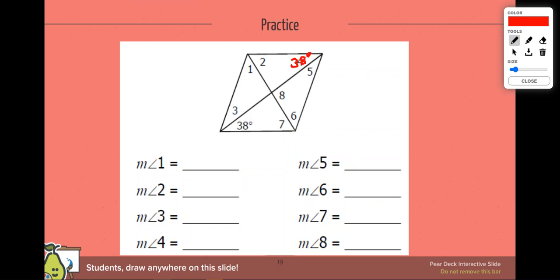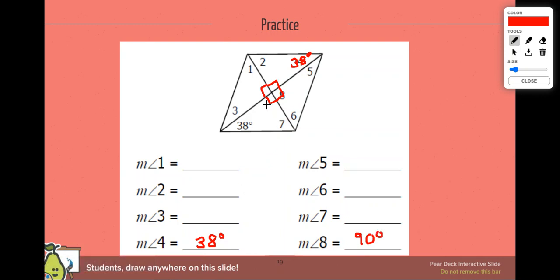We also know that each of the angles in the interior are 90 degrees. So angle 4 we found was 38, alternate interior angles. And then each of the interior intersections of the diagonals are going to be 90 degrees, which is one of the definitional properties of a rhombus.